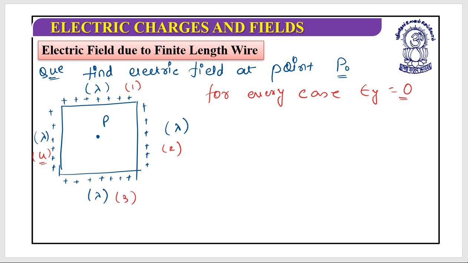Now I need to take attention of EX only. But tell me, would the value of EX for every case be the same or different? Let's look at it. Suppose this is the distance x, and as it is a midpoint, this must be x as well.